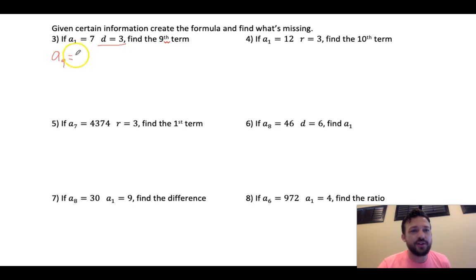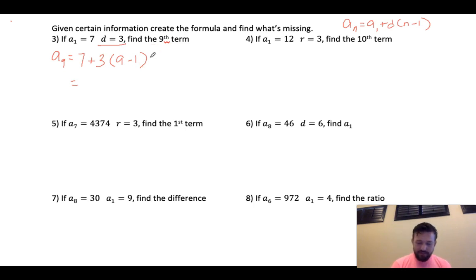If you're getting confused where I'm getting any of this, remember arithmetic is an equals a1 plus the difference times n minus 1, right? So if I want the ninth term, a sub 9, the first term, 7, plus the difference, 3, times n, which is the ninth term, minus 1. That's going to give us 3 times 8 plus 7, and that comes out to 31 is the ninth term. Okay?